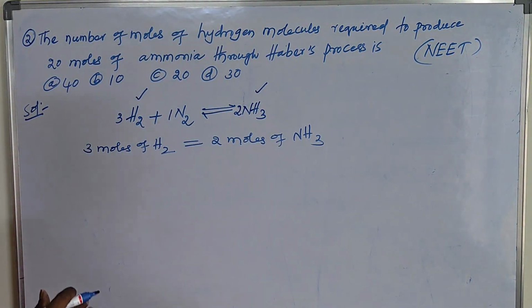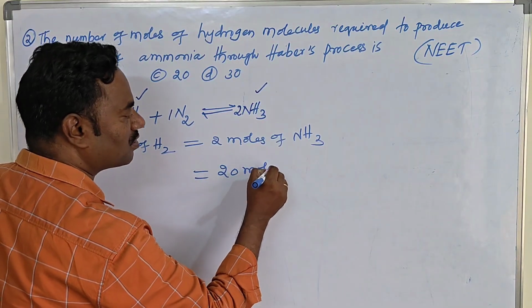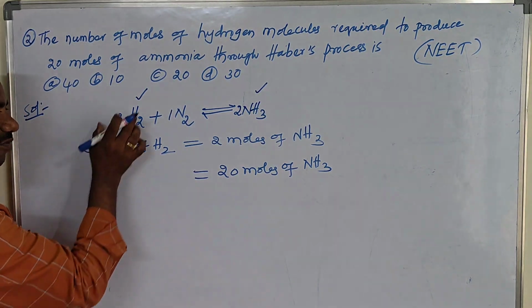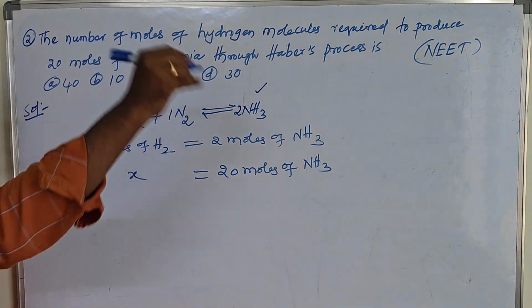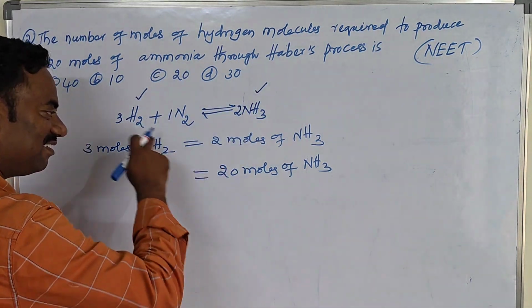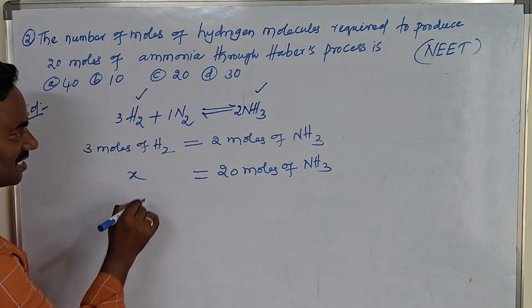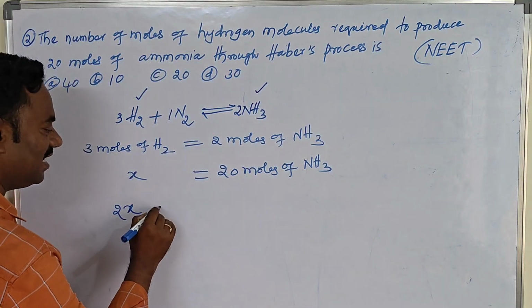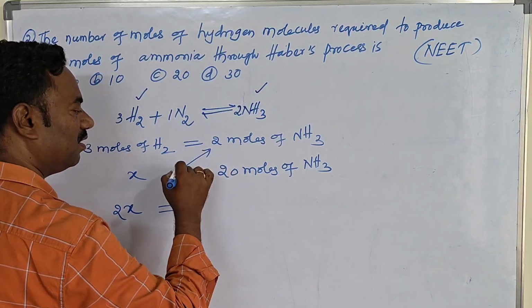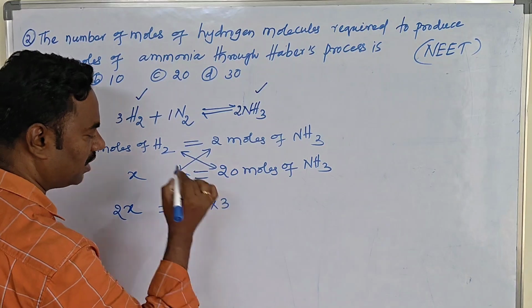Now our question is: to get 20 moles of ammonia, how many moles of hydrogen are required? That is our question. This x we need to calculate. Do cross multiplication. x into 2, 2x, equals 20 into 3.